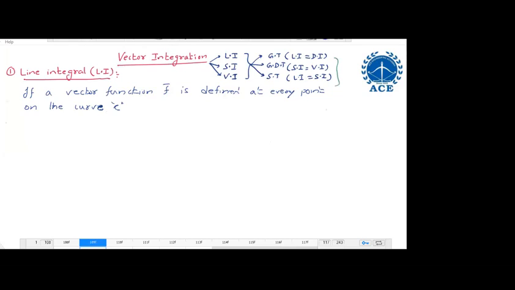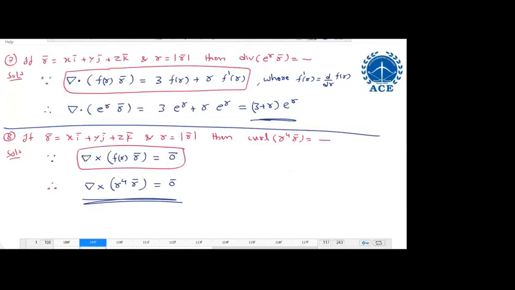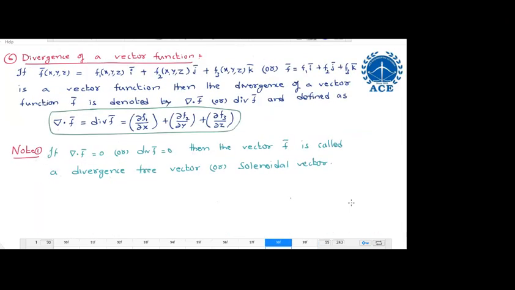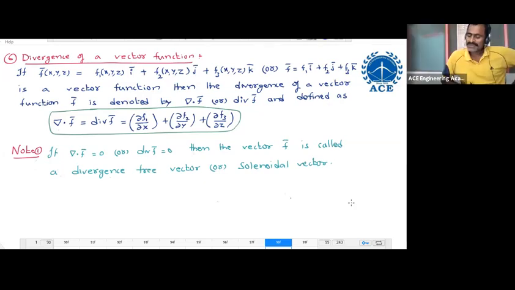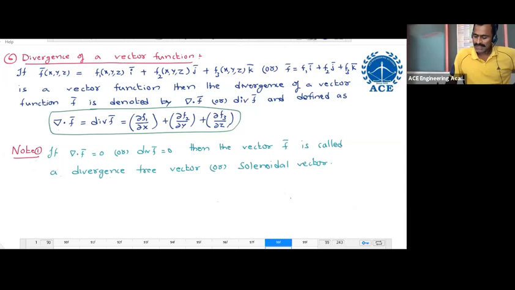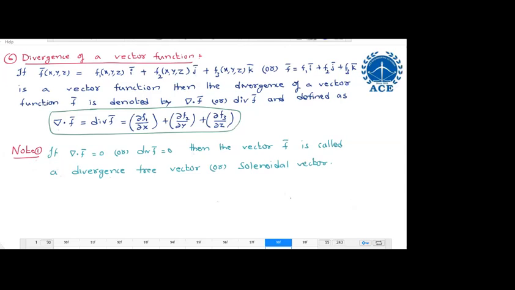Page number 98. I just missed the screenshot. Are you asking about this one? Which page?